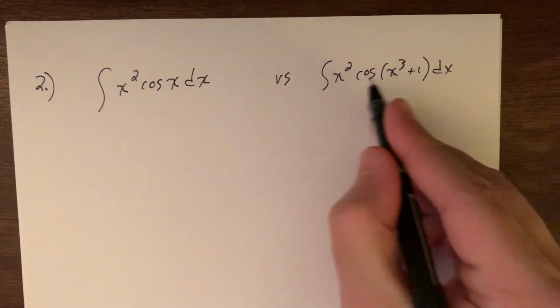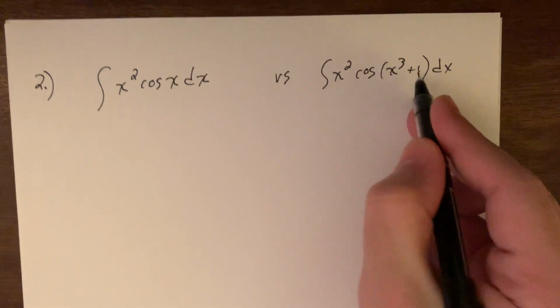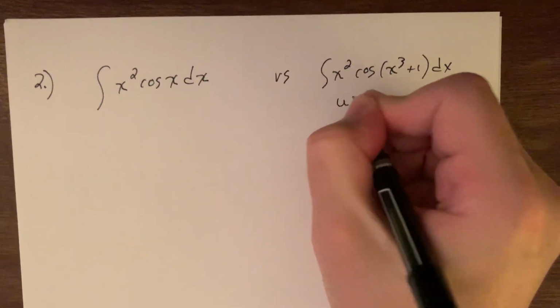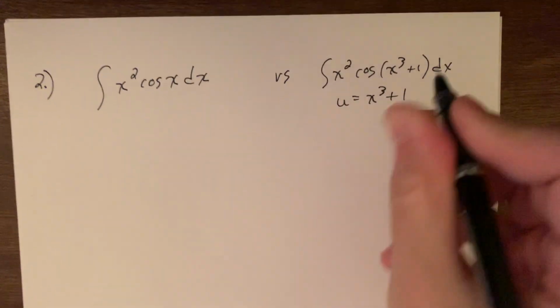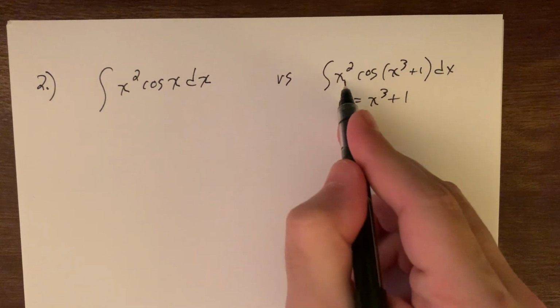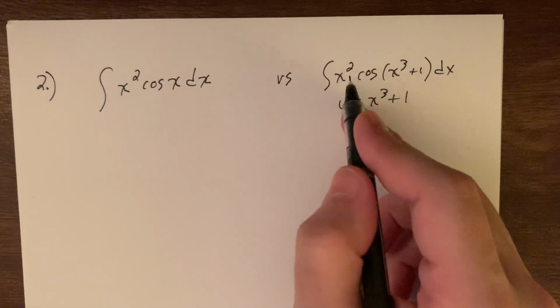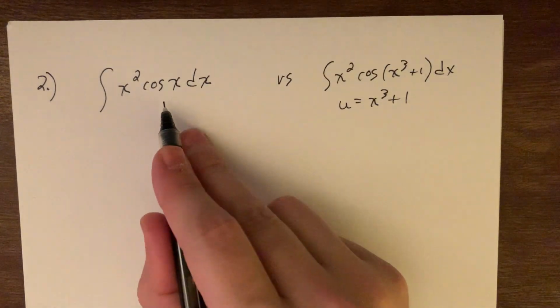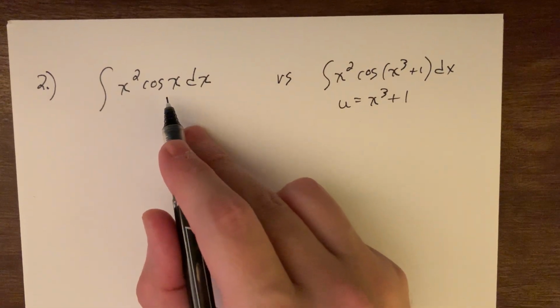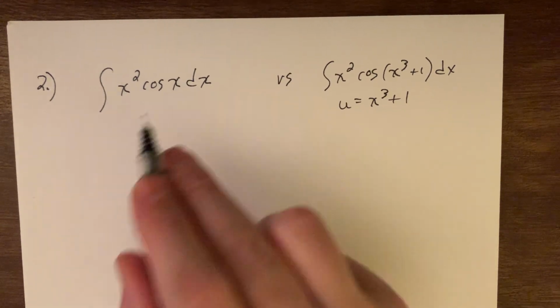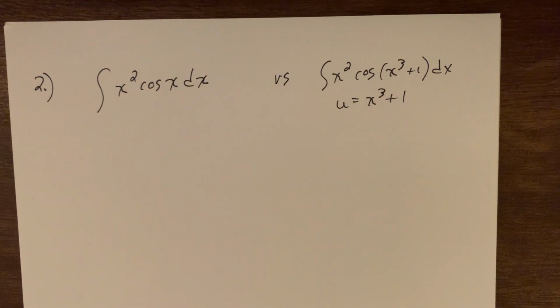But when I get over here, now I see more of an inner-outer setup. So if I try u as the inner, my du will give me the x squared that cancels from this, and this u substitution will work here. But there is no good choice for u here. So again, everybody, we want to be clear. It's not just now we have multiplication, it's multiplication of simple functions. That's what we're really going for.